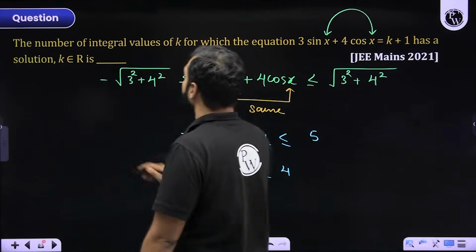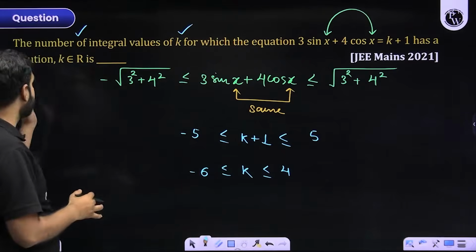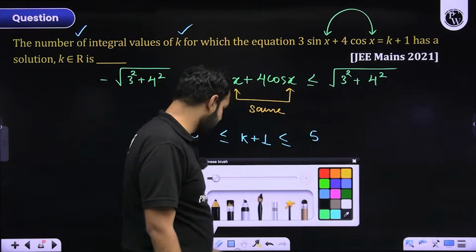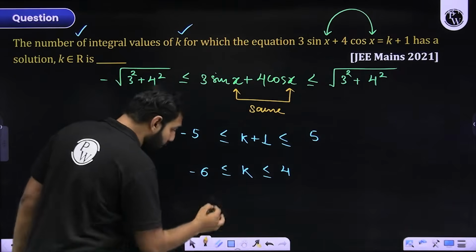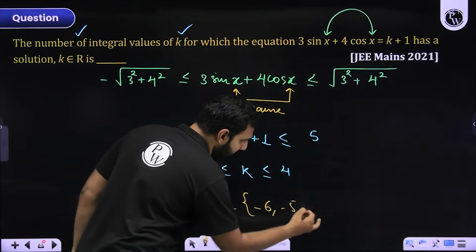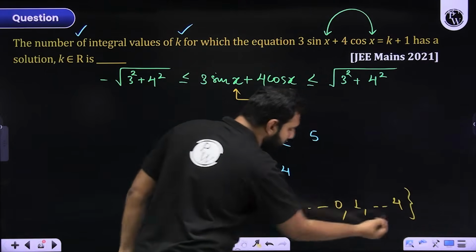What was the question? The number of integral values of k for which this has a solution. K is a real number. So I hope if I were to calculate the number of integral values, I need not tell you the answer now, but if you want to know, the integral values of k will be minus 6, minus 5, minus 4 until 0. Then of course 1, 2, 3 until 4. So did you get this?